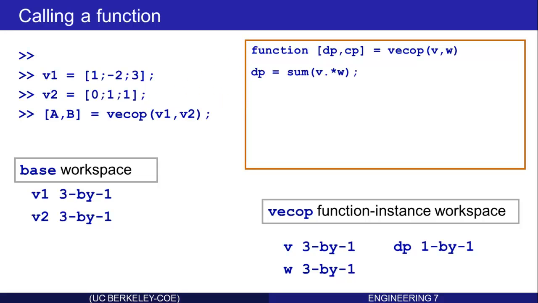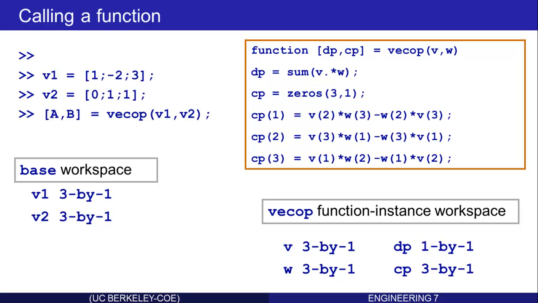The first line of code creates a 1 by 1 variable dp that exists in the function instance workspace. The second line of code initializes a 3 by 1 array cp for the cross product, and then several lines of code fill that, changing the value of cp but not changing what's in the workspace, which is 4 variables.